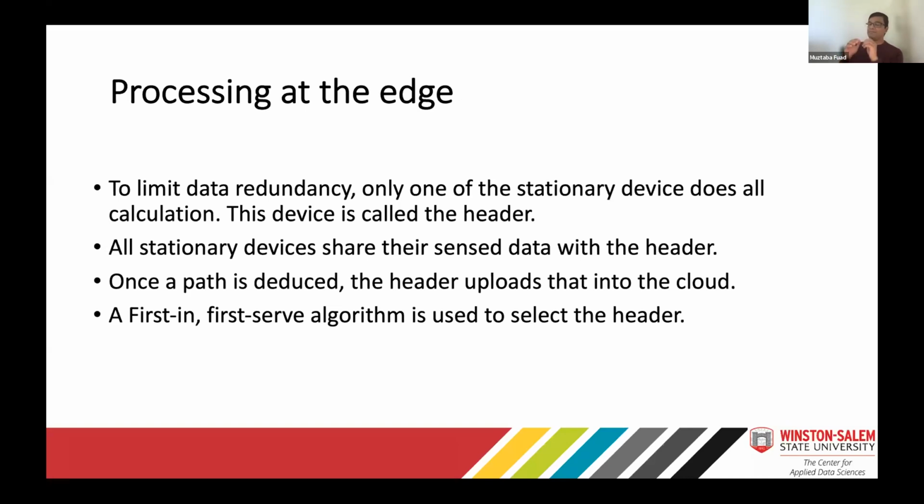Whichever device enters the system first, that's why we call it a first-in-first-serve algorithm, becomes the header which aggregates the data and figures out the path, and then only the path is uploaded to the cloud. That way we are saving data and processing.